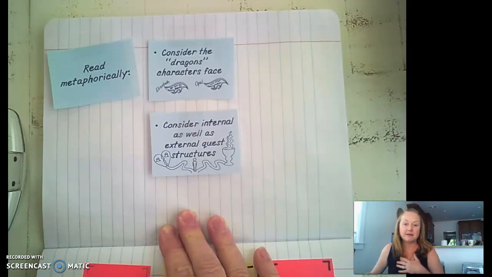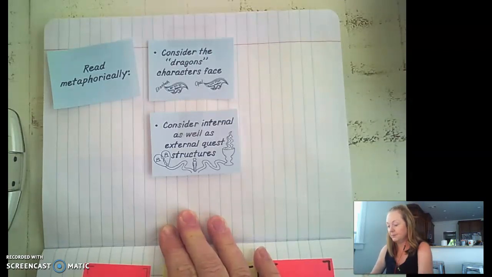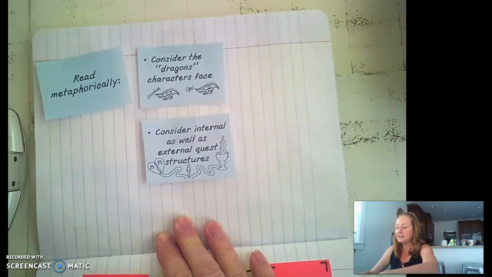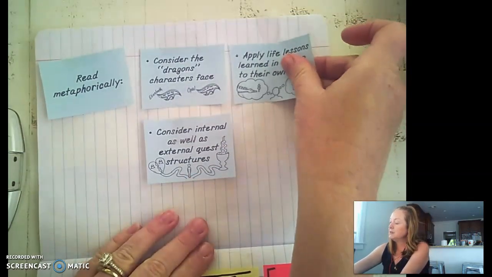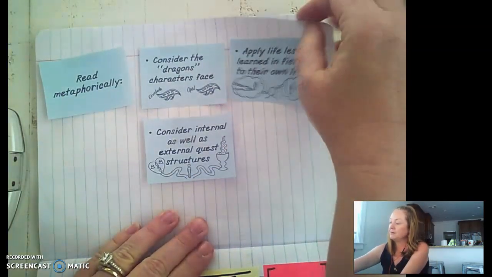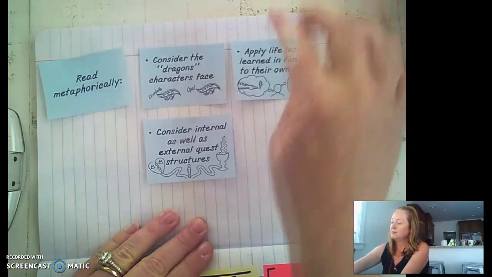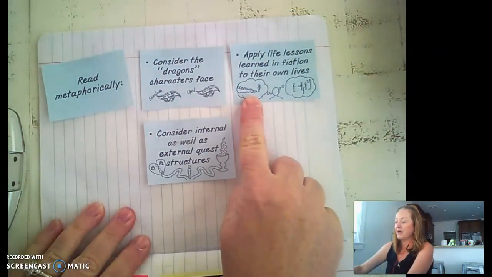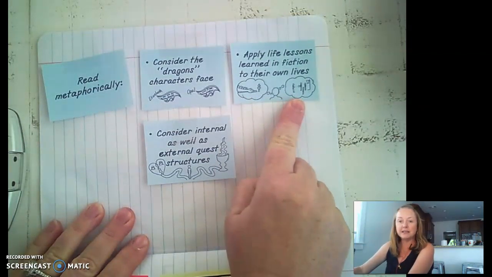How are you going to fix something within yourself as a character? And that can also be in any genre. Then we talked about how we can apply lessons that we're learning in these fantasy stories to our own life. So here's the literal dragon, but there are also dragons in our real life that we deal with every day.